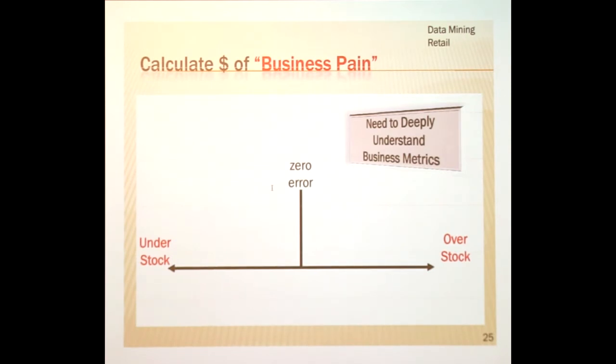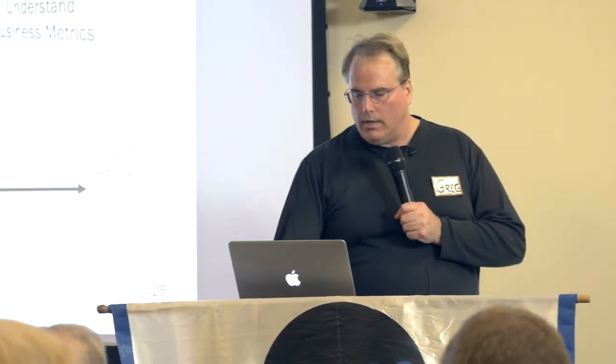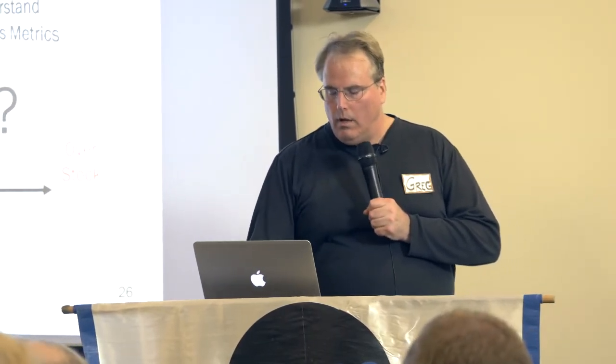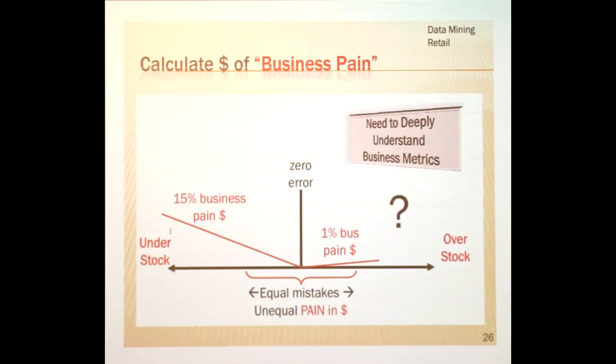And so a very important takeaway was the cost of the business pain. And this gets back to when I was talking to the customers. So if I have no error, then that would be here. If I have a cost of overstock, that's going to your right, and understock is going to your left. And so if you are understock, let's say the item's not on the shelf, you can't sell it, so then the pain point might be 15%.